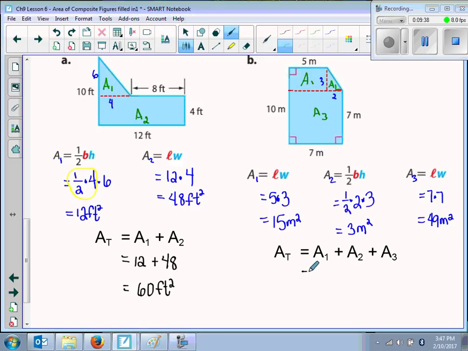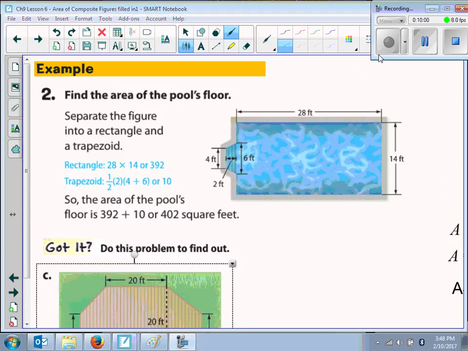So now, to find the total area, we're going to add 15 plus 3 plus 49. And what's that going to give us? 67 meters squared. Very good.